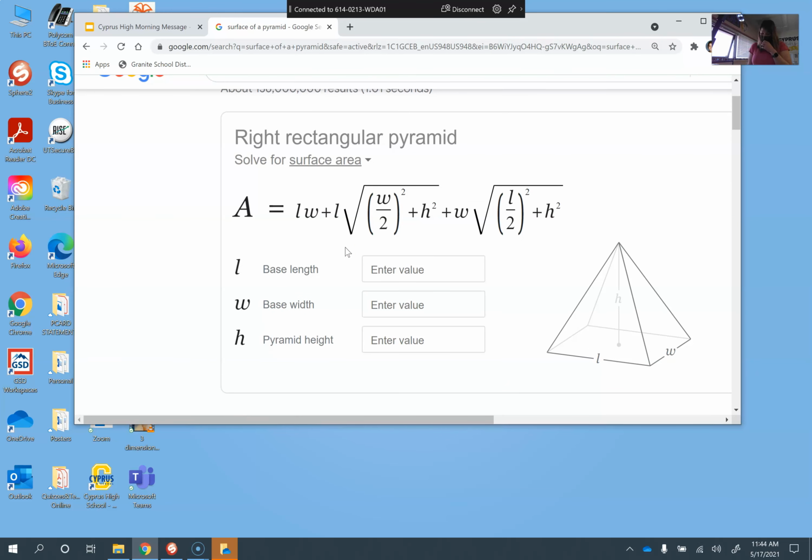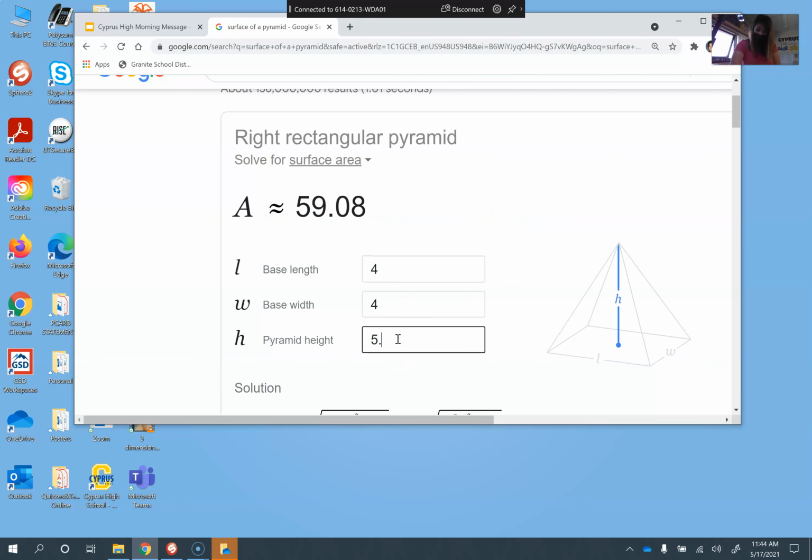Oh, Google, you just want me to enter in the length of my pyramid? Sure, that's 4. And the width of my pyramid? Oh, that's 4. And the height of my pyramid? That's 5.4. Oh, you'll just do everything for me? Excellent. See what happens if you know the name of the shape family?